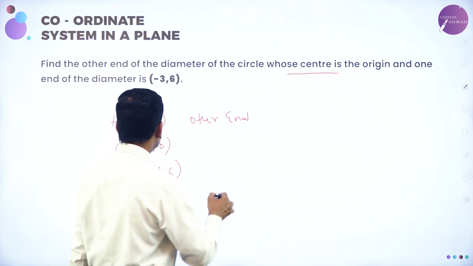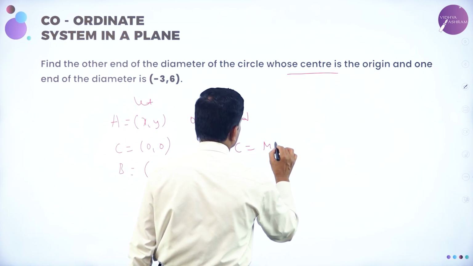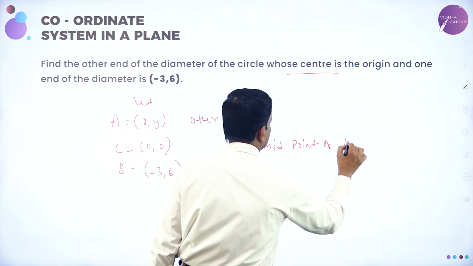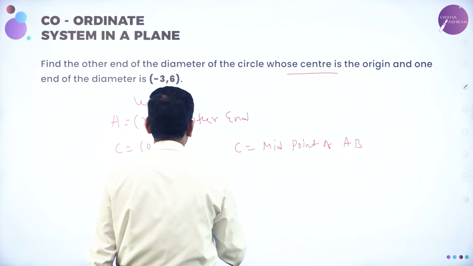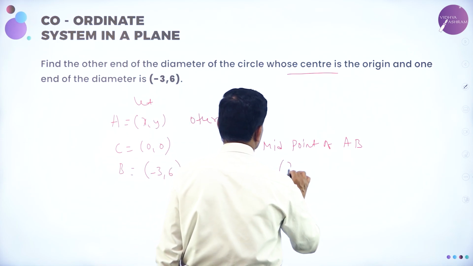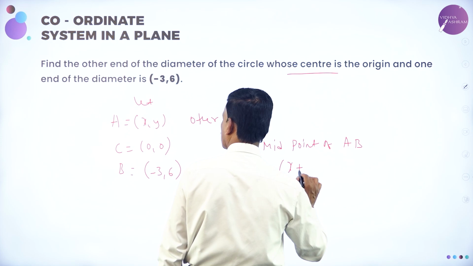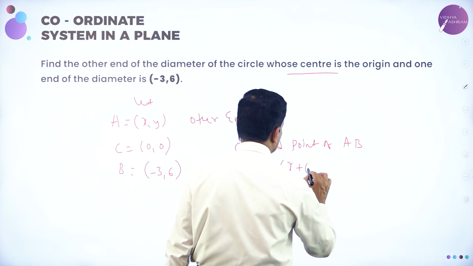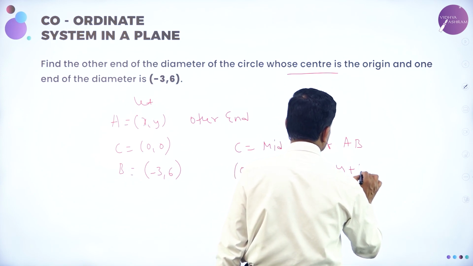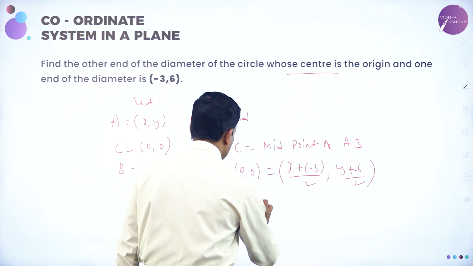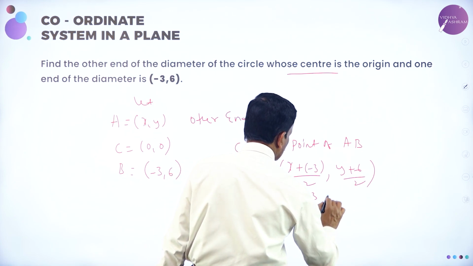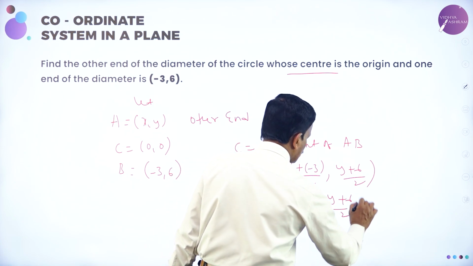Use the same formula. The center C is equal to the midpoint of AB. What is C? C is equal to 0 comma 0. Midpoint of AB is (x plus minus 3) divided by 2 comma (y plus 6) divided by 2. So 0 comma 0 is equal to (x minus 3) by 2 comma (y plus 6) by 2.